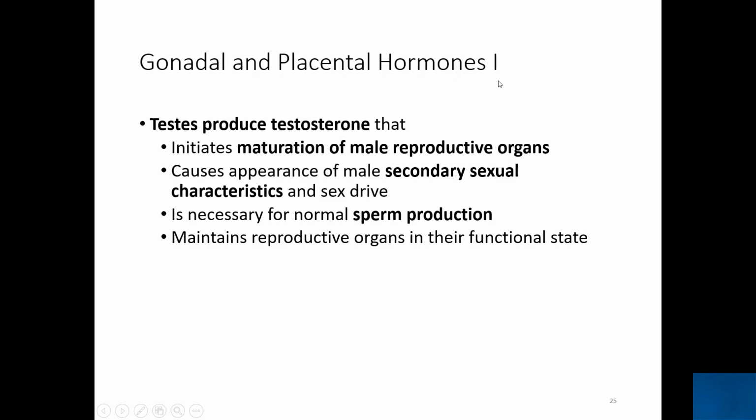Gonadal and placental hormones. In males, testes produce testosterone that is responsible for maturation of male reproductive organs, appearance of male secondary sexual characteristics, sex drive. It's necessary for sperm production, and also it may help to maintain reproductive organs in the functional state.